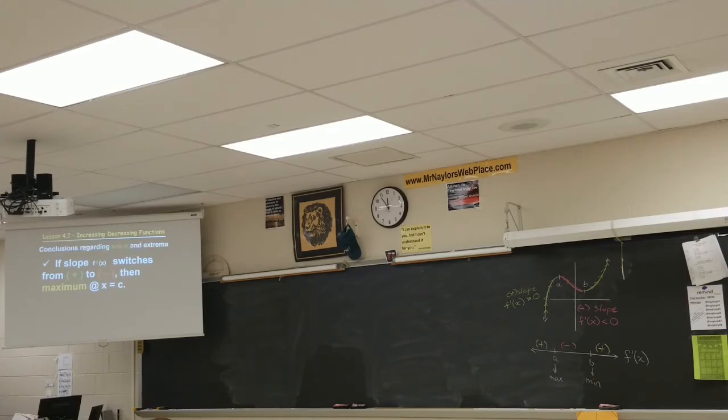So if a slope is positive, but then it switches to negative, well, you'd have to have passed a maximum. And then it's just the opposite. If it's negative, but then positive, then you would have passed a minimum.